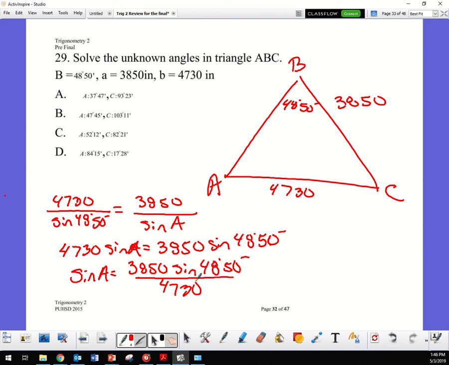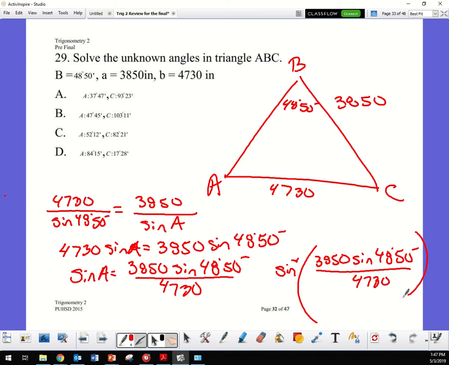So it's going to be inverse sine of 3850 sine 48 degrees 50 minutes over 4730. Keep this precise.